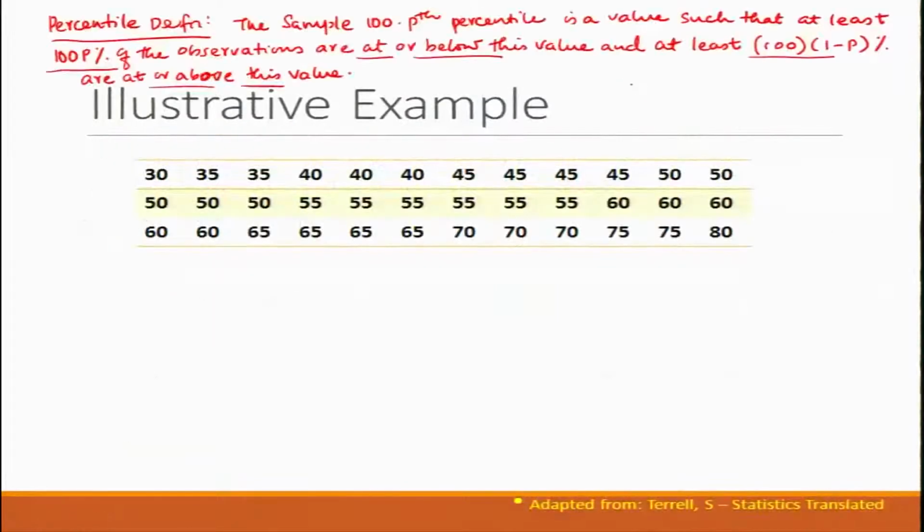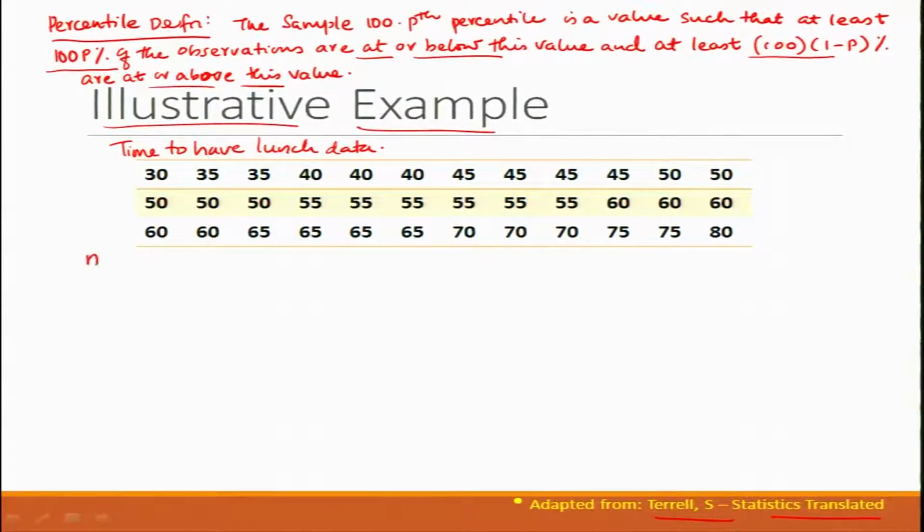Okay. So, let us do an example, and doing an example usually helps us understand how things are. This is our time to have lunch data, and the credit of this data goes to Stephen Terrell's statistics translated book. We will use this data to illustrate these examples.